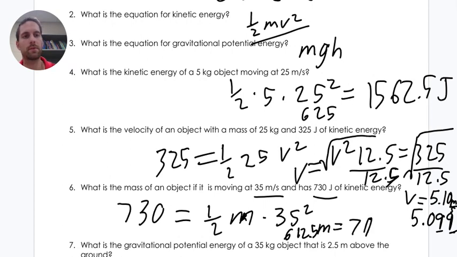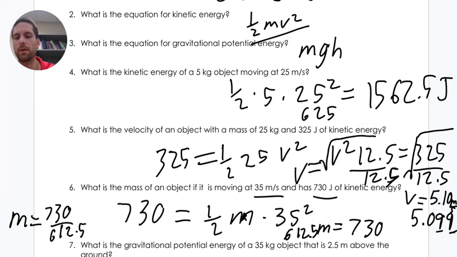That's not writing. So m equals 730 over 612.5.